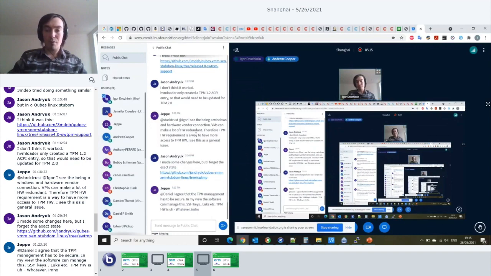Difficult to say. I mean, the vTPM manager looks more like a proof of concept rather than something production ready, while SWTPM is closer to production, although with less guarantees in the security domain.